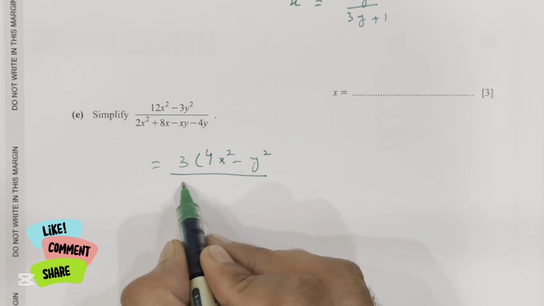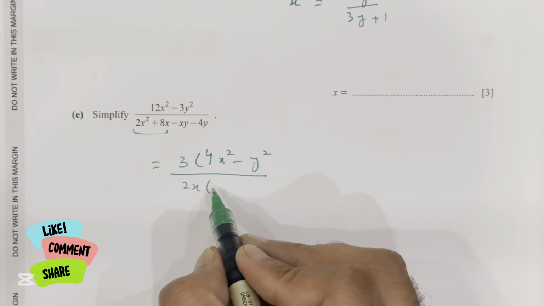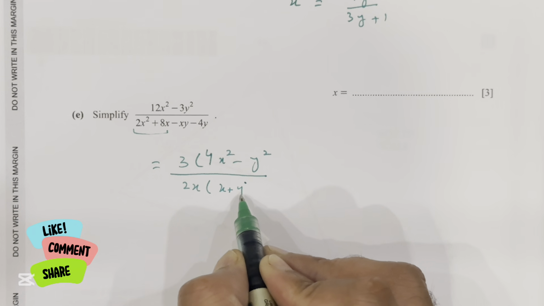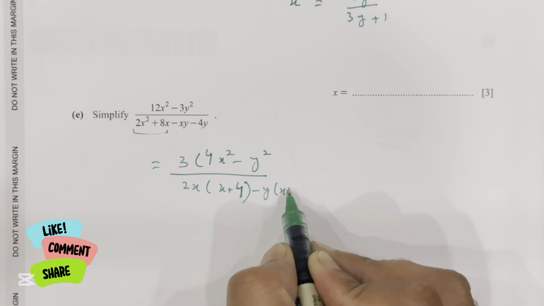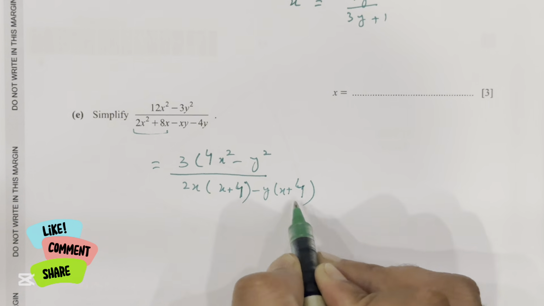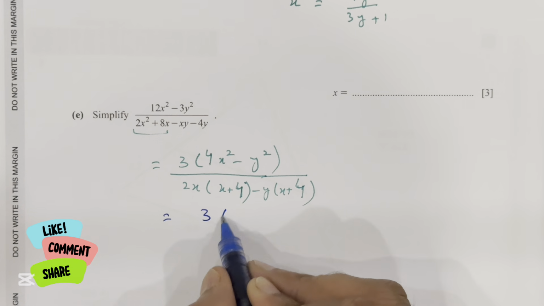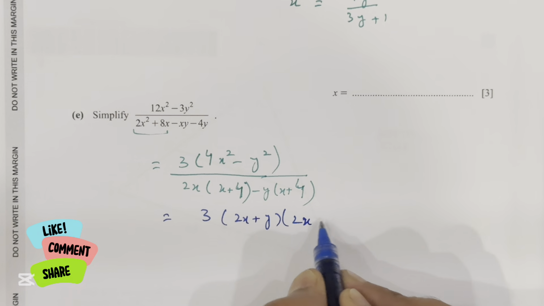You can take 2x common from the denominator. From the first two values, it would be equal to x plus 4. Then take minus y common, that is equal to x plus 4. It would be equal to 2x plus y and 2x minus y.